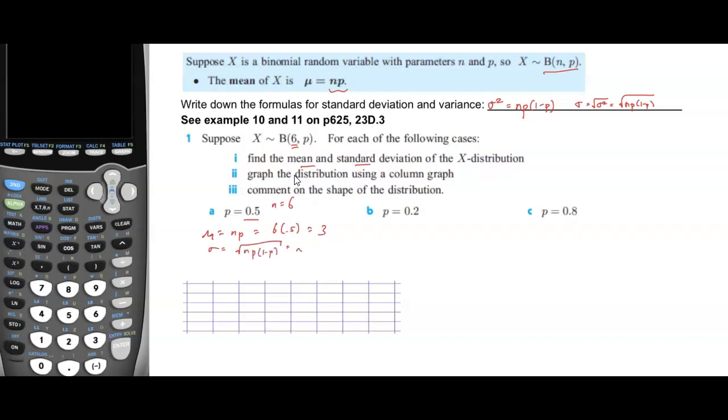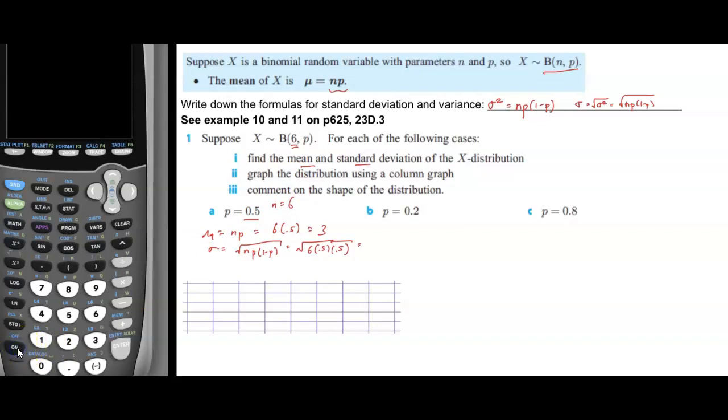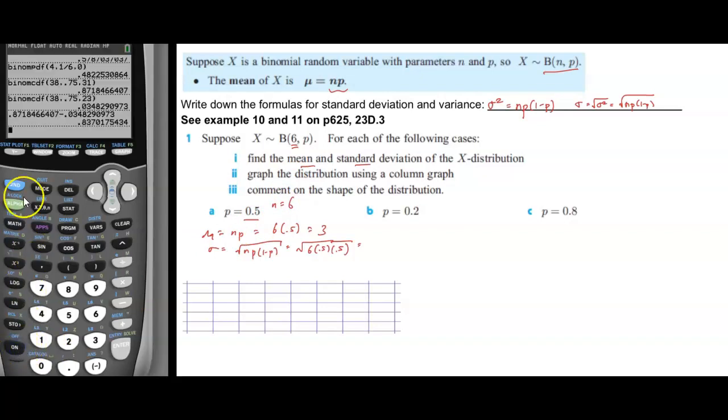So we would put square root of 6 times 0.5 times 1 minus 0.5, which is also 0.5. So that would be square root of 6 times 0.5 squared. We can do that with the calculator. Square root of 6 times 0.5 squared, which is 1.22.